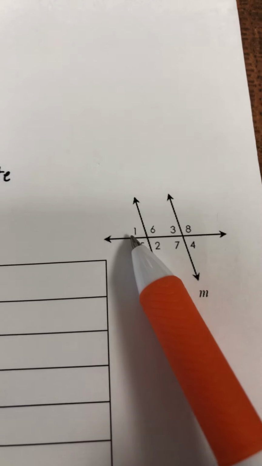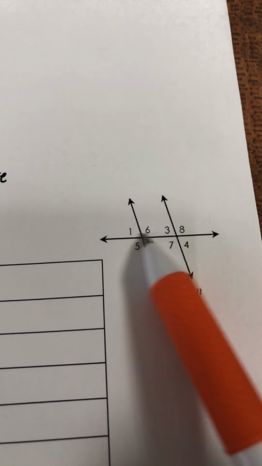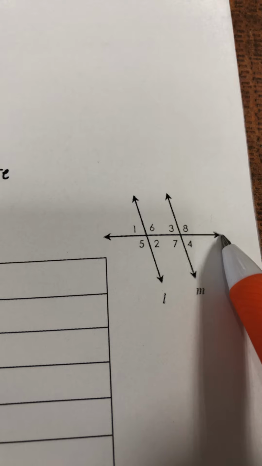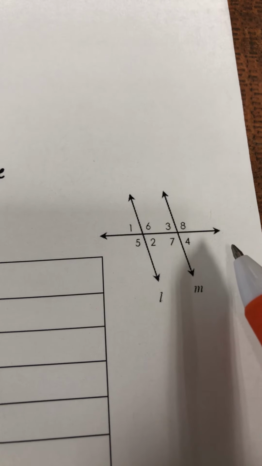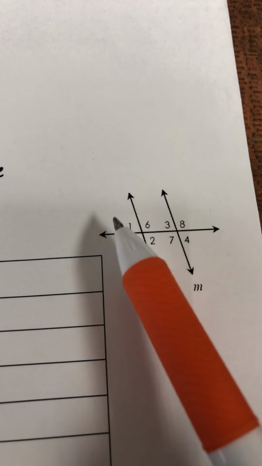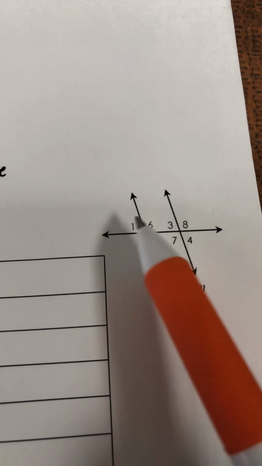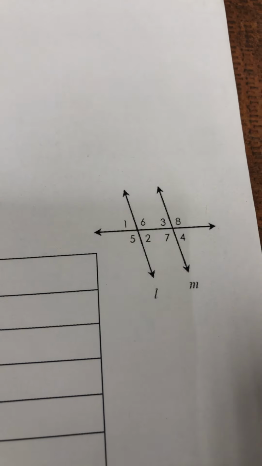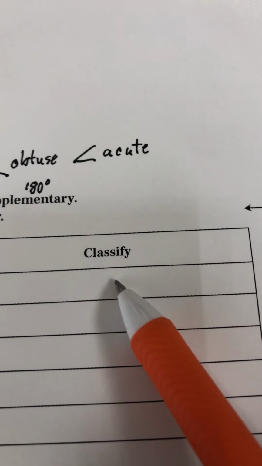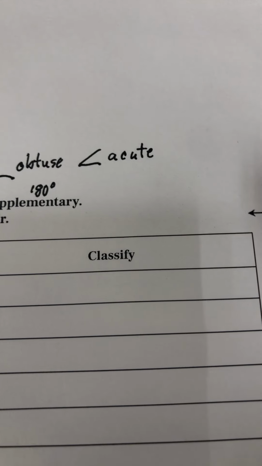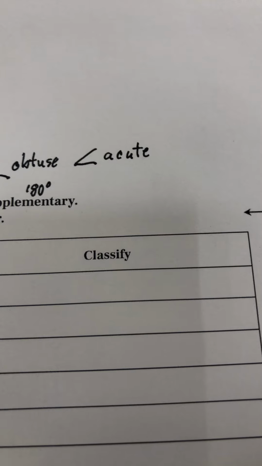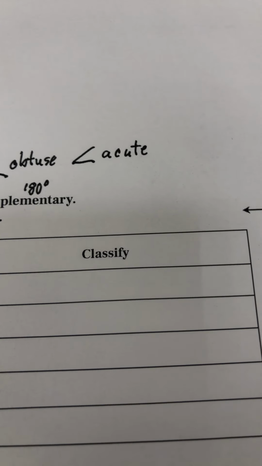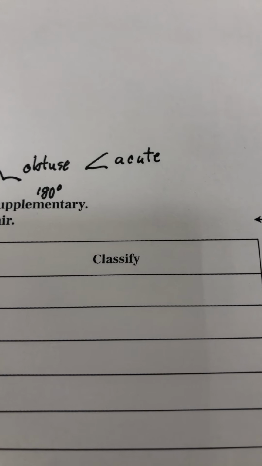And then angle 1 and angle 8 are on the same side of the transversal. They're exterior, they're outside, so you have to include that in your classification of those two angles. You're going to use the name of those two. How are they related?